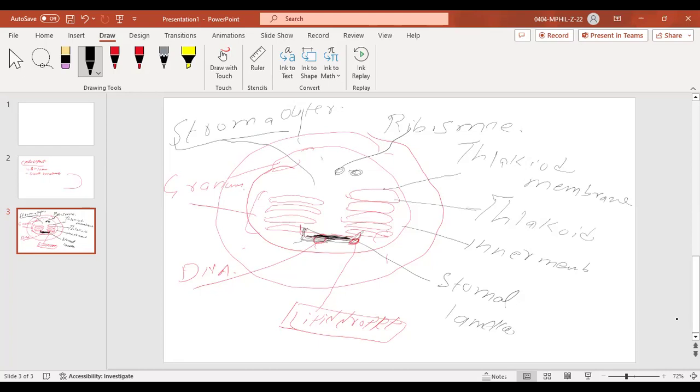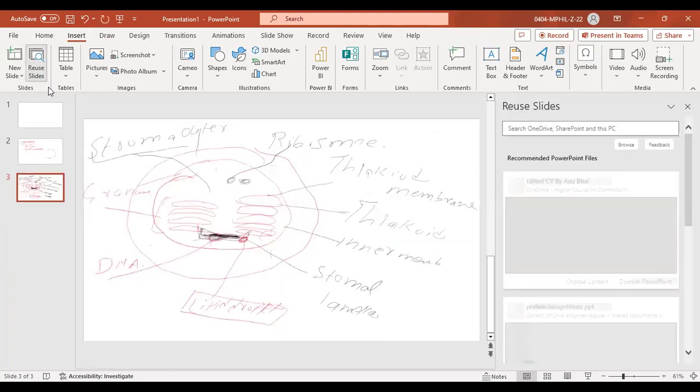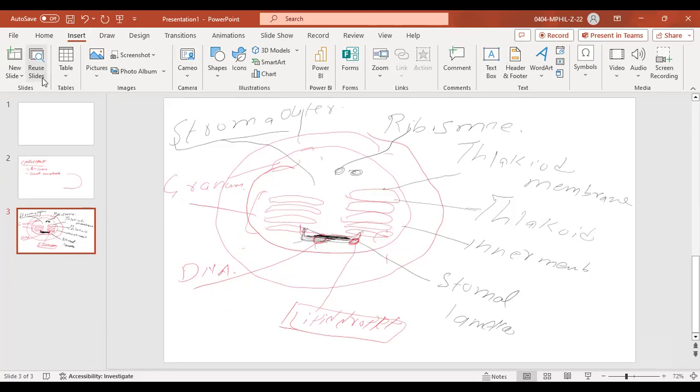Now the question is where these two types of reactions are taking place. We need to understand in the thylakoid membrane and the stroma, which one will be in the stroma and which one in the thylakoid. This is what we need to differentiate.